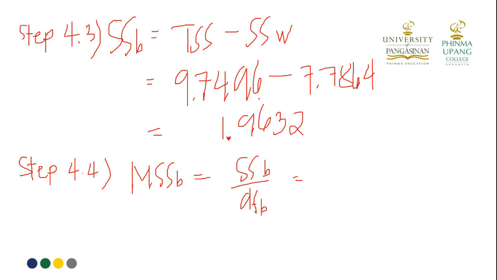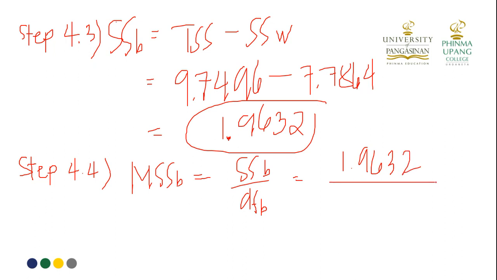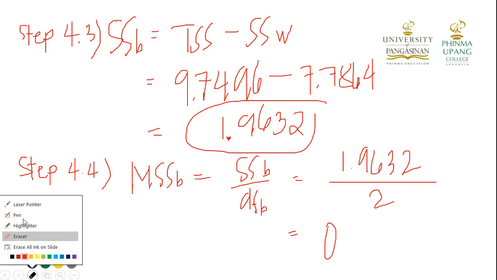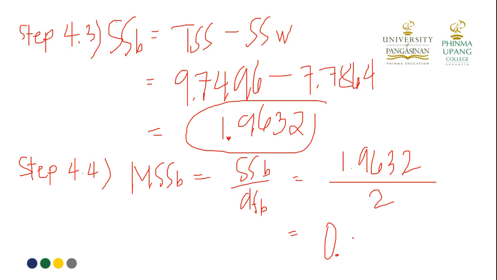So, yung SSB nakuha na natin, 1.9632, divide natin. Ilan yung ilalagay ko sa denominator? Is it 21 or 2? 2, sir. So, ilan po yung sagot in 4 decimal places? Ay, sorry. Mali yung narinig ko. 0.9816.